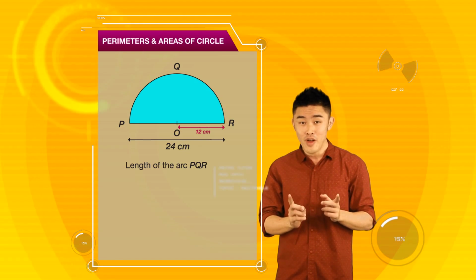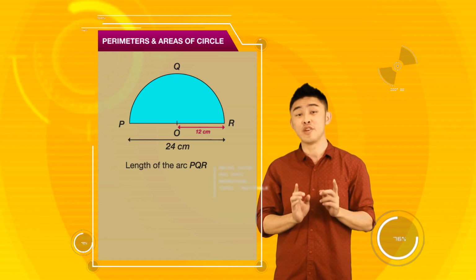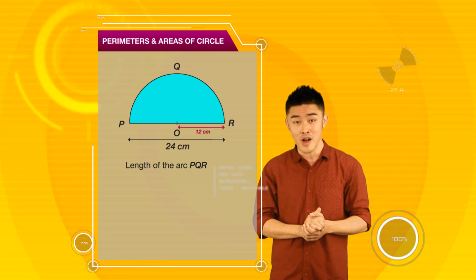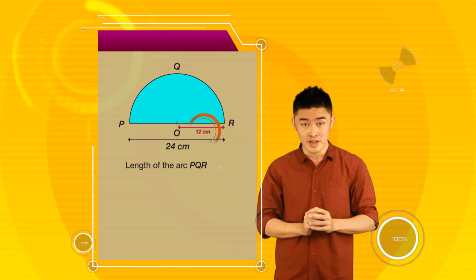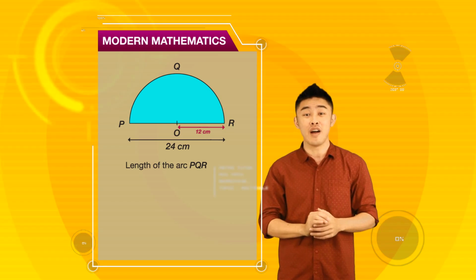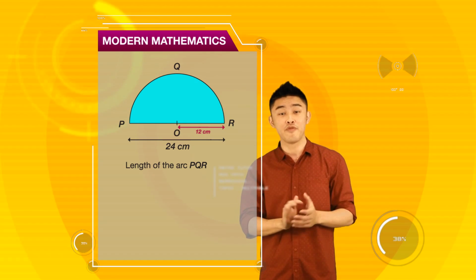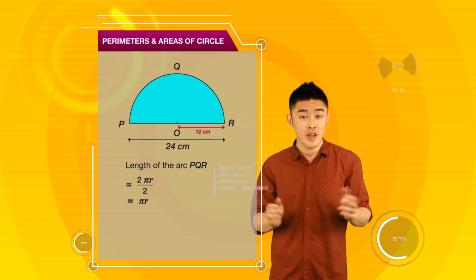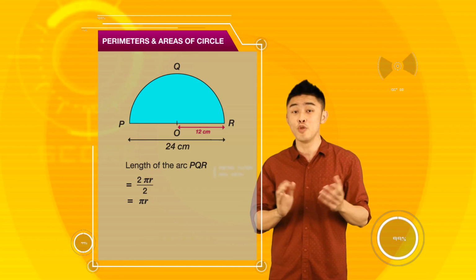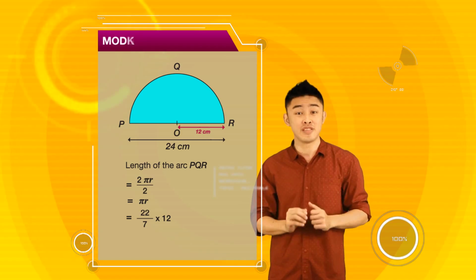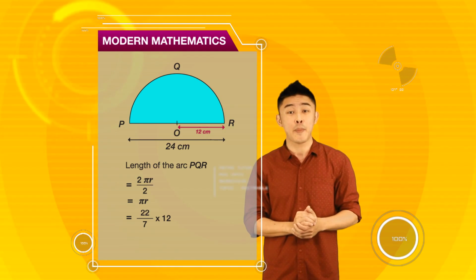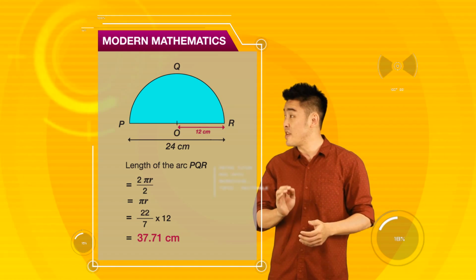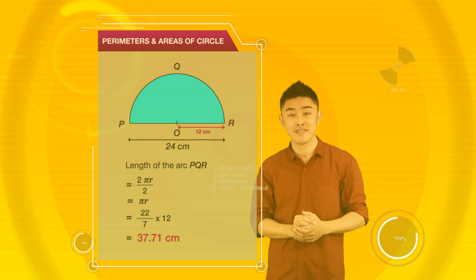So therefore, the length of OR, which is the radius of the semicircle PQR, equals 12 centimeters. To find the length of arc PQR, we use the formula of 2 pi r over 2, giving us pi r. Substituting pi as 22 over 7 and the radius as 12, we have the length of arc PQR of 37.71 centimeters.